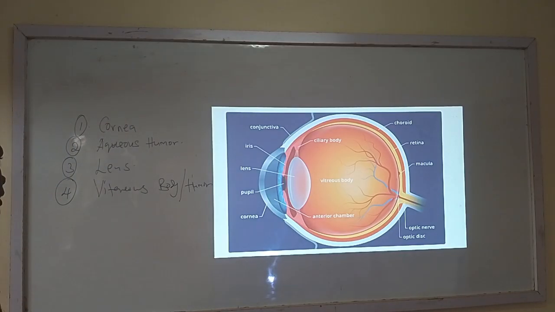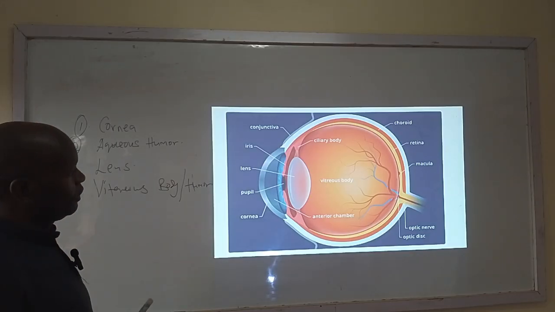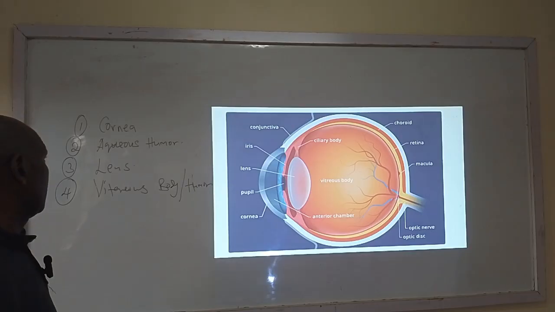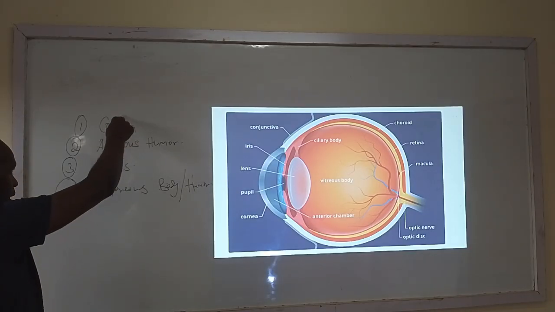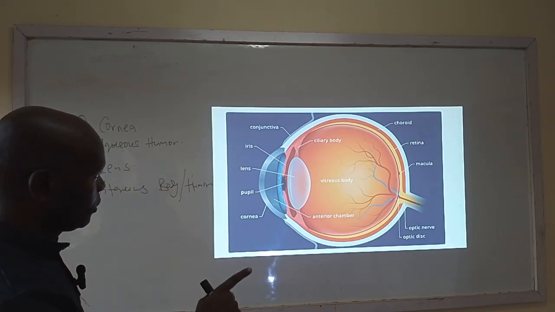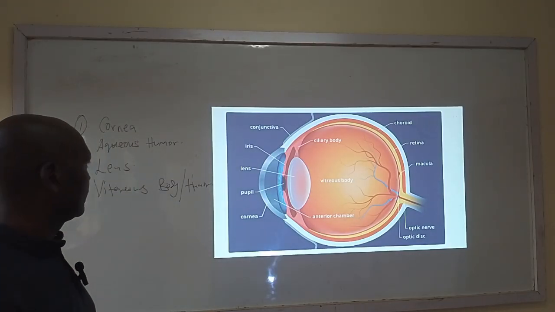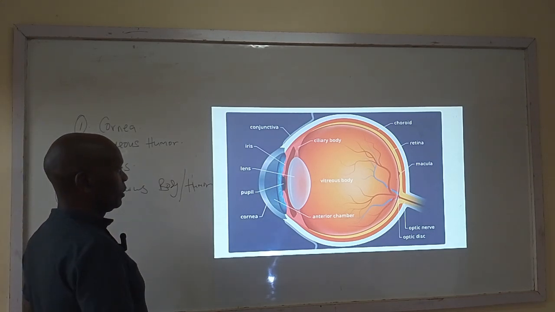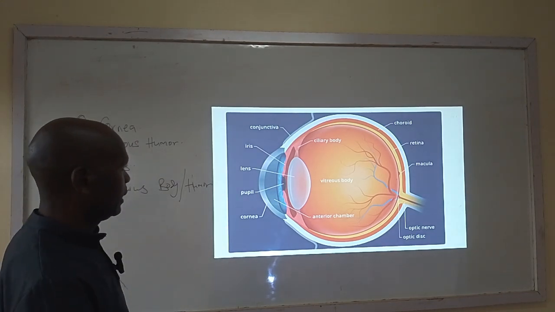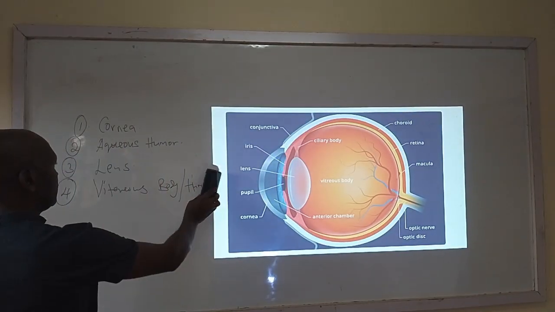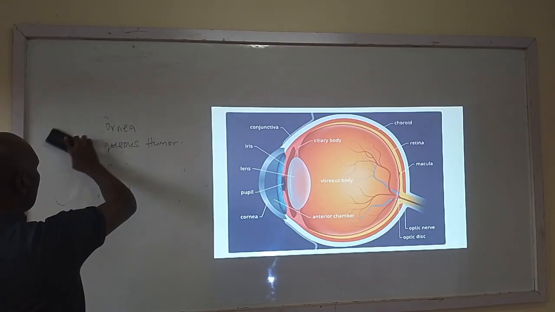All these structures are transparent in order to allow light to get into the eye. Meaning, if you have any opacification in any of these structures, then light won't be able to get into the eye and therefore you'll not be able to see. There is something called the visual axis of the eye.